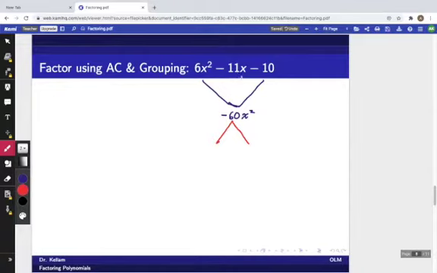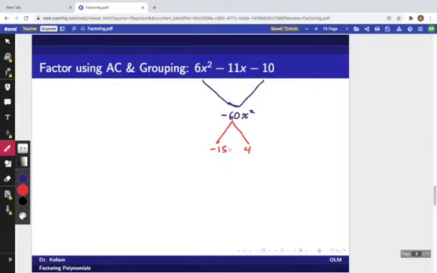So let's see if we can't find these two values. Let's see, negative 15 and a positive 4. That would work, right? So negative 15 times 4 is negative 60. Okay.